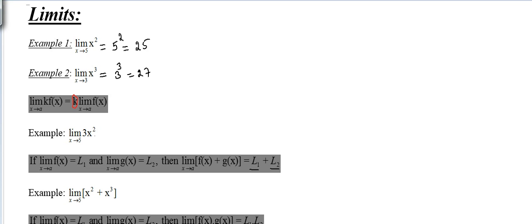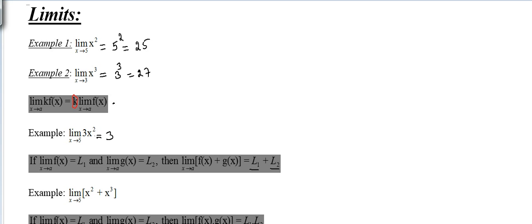Now, here there is a rule: the limit of k times x as x tends to a equals k times the limit of x as x tends to a. Here k is a constant number, so we can leave it alone and multiply it with the limit of x as x tends to a. Here we have an example: the limit of 3x squared as x approaches 5.